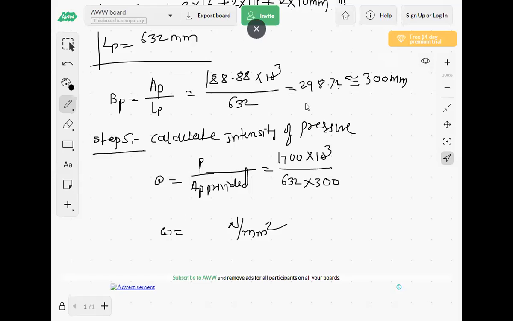How much? 8.96. 8.96 Newton per mm square is the intensity of pressure.